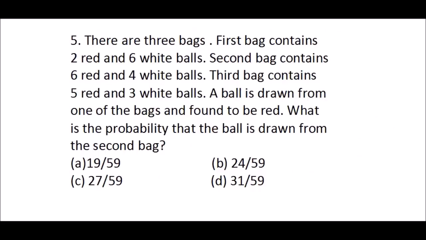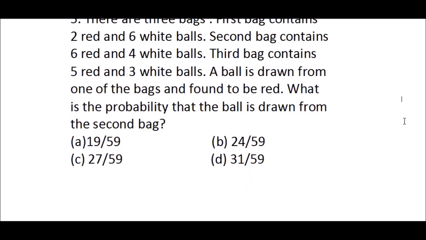Our next problem is, there are 3 bags. The first bag contains 2 red and 6 white balls. The second bag contains 6 red and 4 white balls. The third bag contains 5 red and 3 white balls. A ball is drawn from one of the bags and found to be red. What is the probability that the ball is drawn from the second bag? This is a problem of conditional probability.